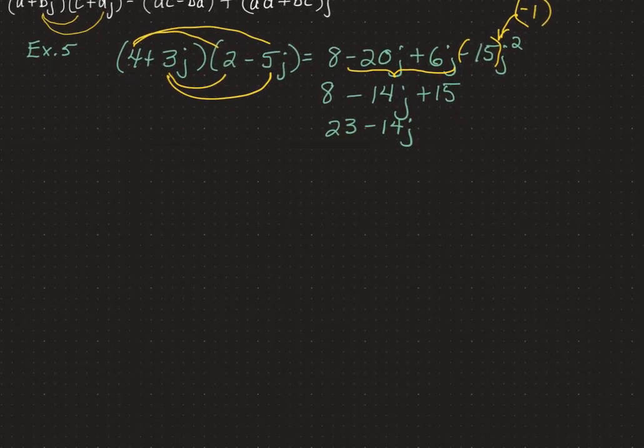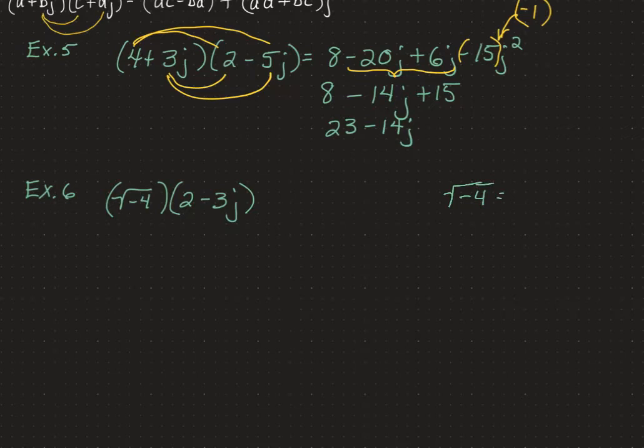Another example of multiplication would be the square root of -4 times 2 minus 3j. Now, the square root of -4 isn't in the usual form in which we have been writing our complex numbers, so let's get it there. The square root of -4 is the same thing as the square root of -1 times the square root of 4. So we have j times 2, or 2j.